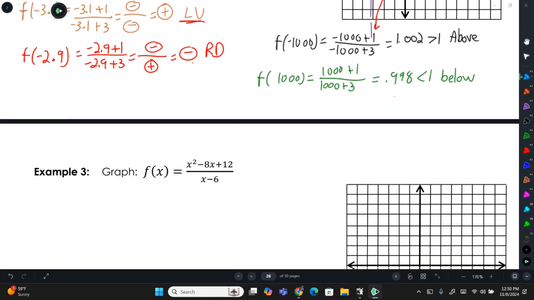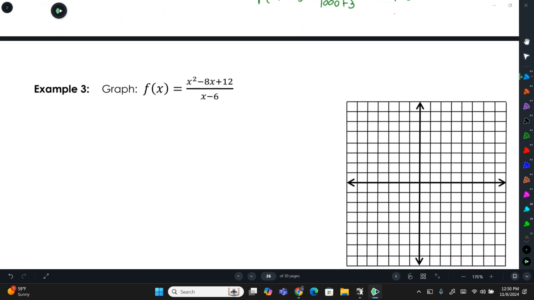All right, now let's go to the next page. We have x squared minus 8x plus 12 over x minus 6. Now, the numerator degree is bigger than the denominator, so that makes you think that there's an oblique asymptote. But let's factor the top and bottom and see what happens.